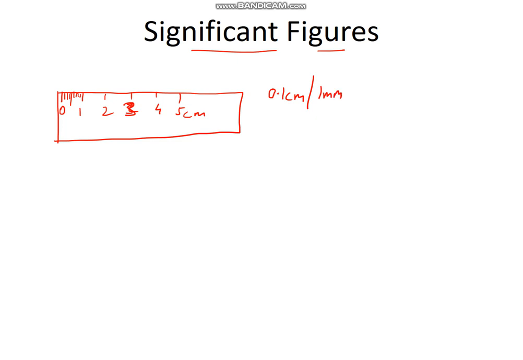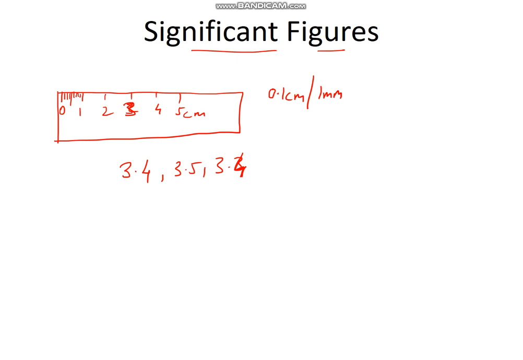So let us say while measuring a length, it was found out that length is 3.4 or 3.5 or 3.3. Or let us say we got 3.4 twice over here, and then we got 3.3.